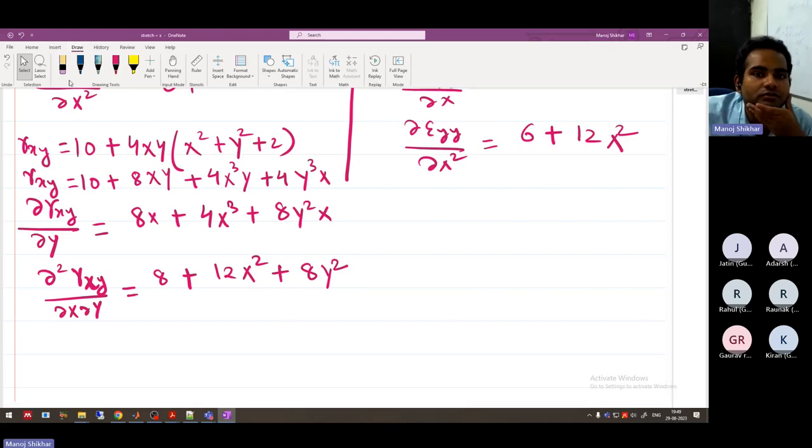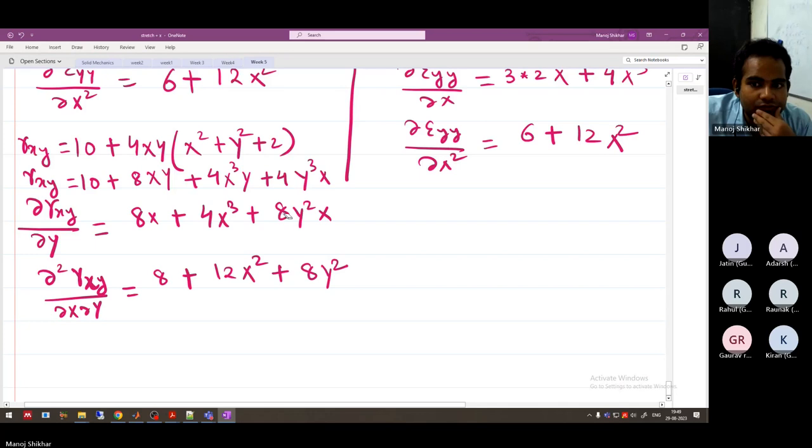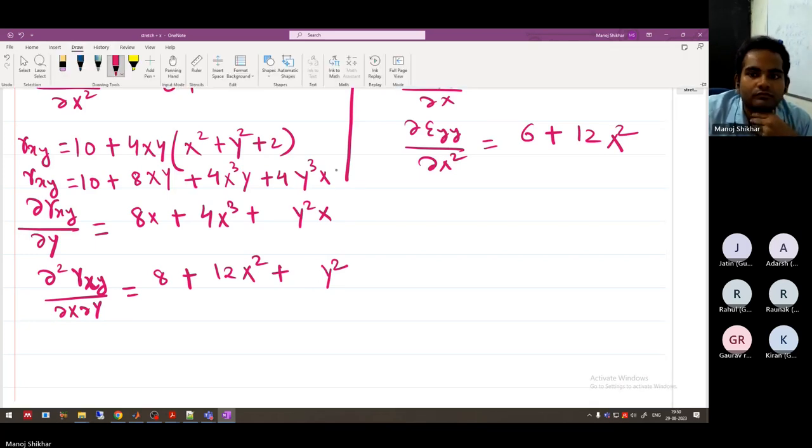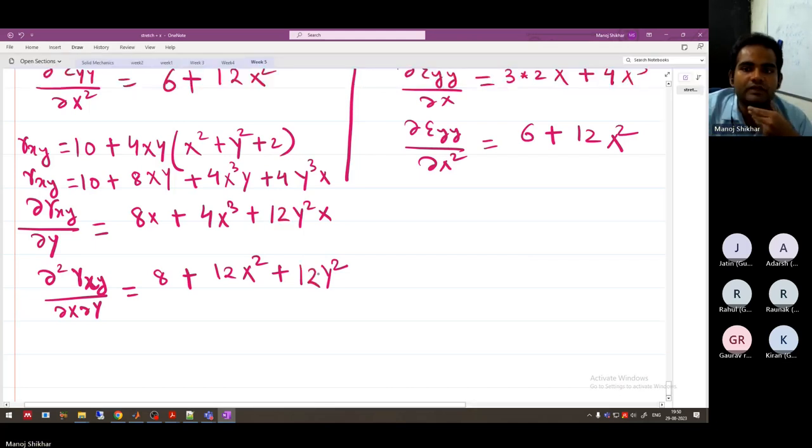It's hanging a lot. Why does it happen every day? So it should be 12y square x.